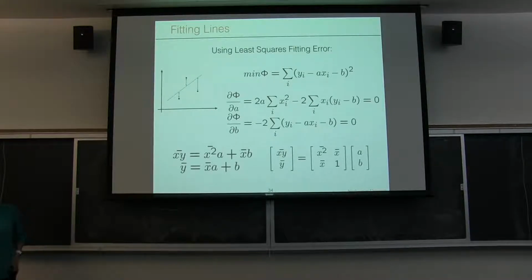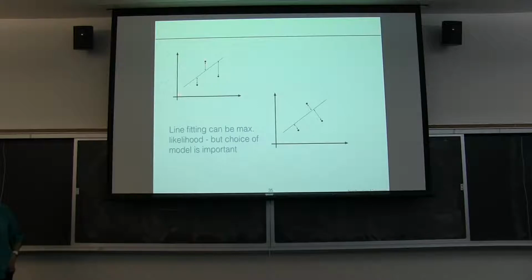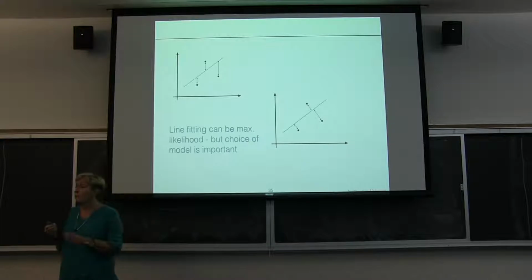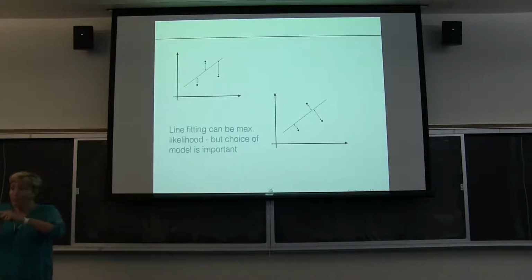Okay? So let's change the problem. And instead of working with this representation, let's work with this representation. So now what I'm saying is my points are off of the line either because they fall down or they move right or left.